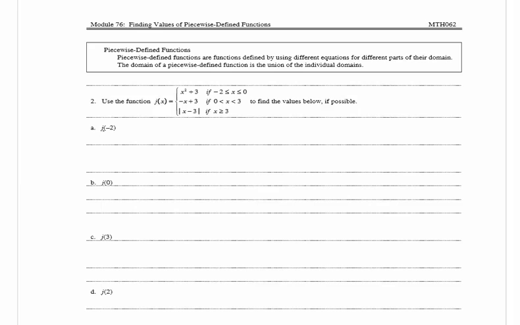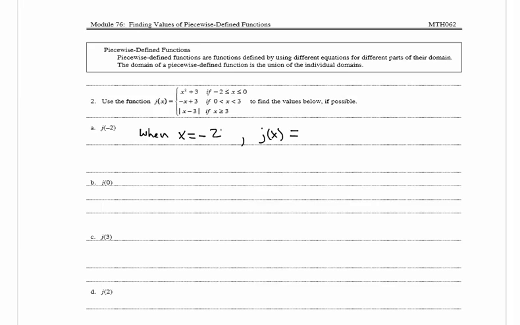So in A we have j of negative 2, which means x is equal to negative 2. When x is equal to negative 2, we can see the very first equation is if negative 2 is less than or equal to x is less than or equal to 0.